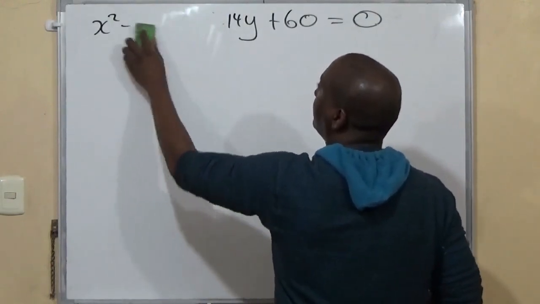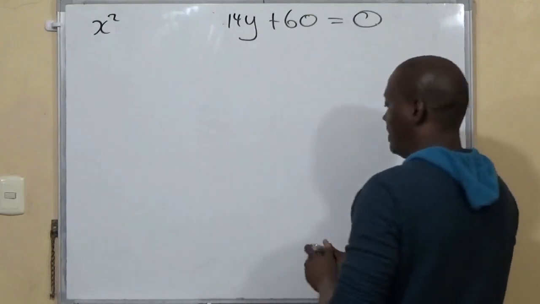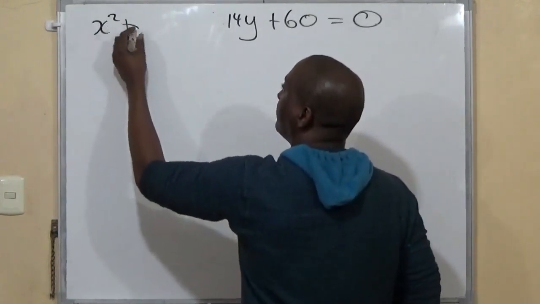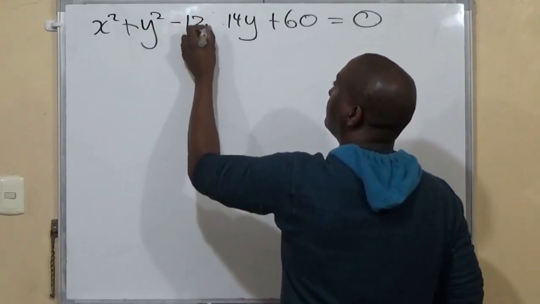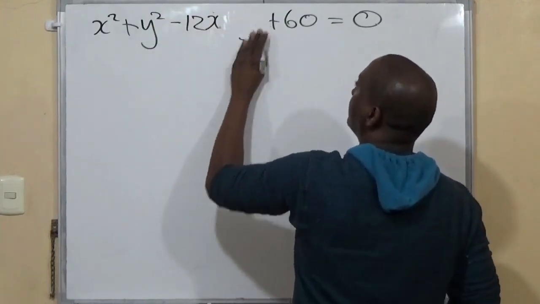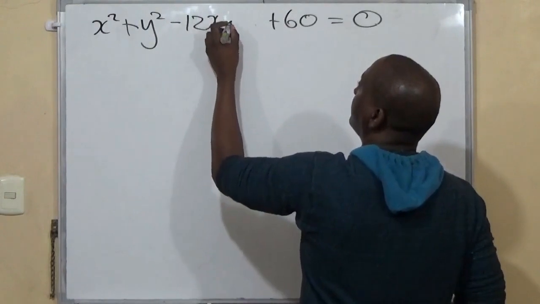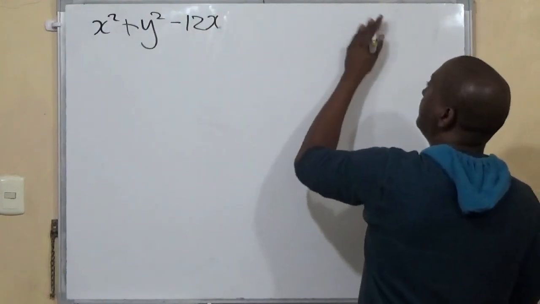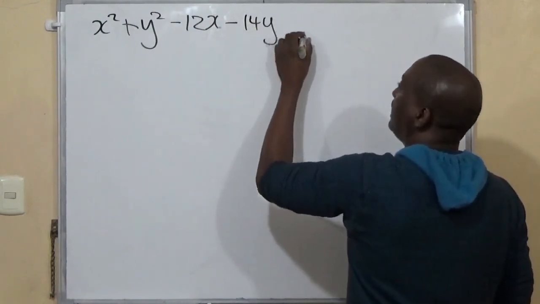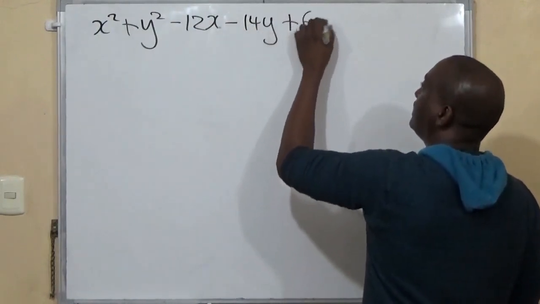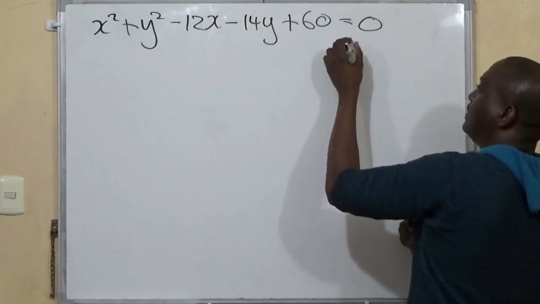It's supposed to be x squared plus y squared minus 12x minus 14y plus 60 is equal to 0.